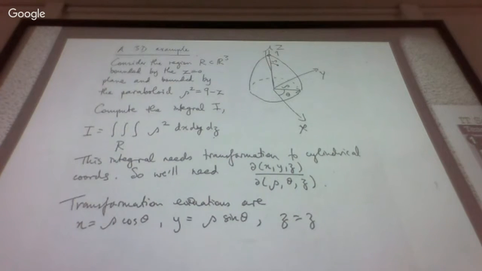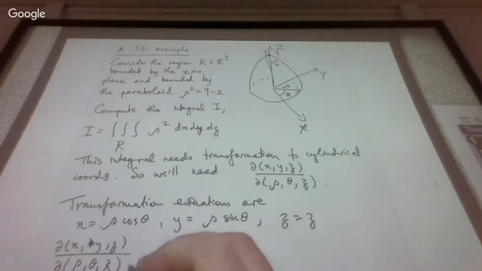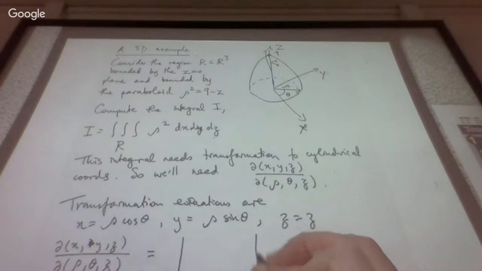So these equations tell you what the old coordinates x, y, and z are in terms of the new coordinates rho, theta, and z. So the Jacobian determinant d(x,y,z)/d(rho,theta,z), well, this is going to be a 3 by 3 determinant now.